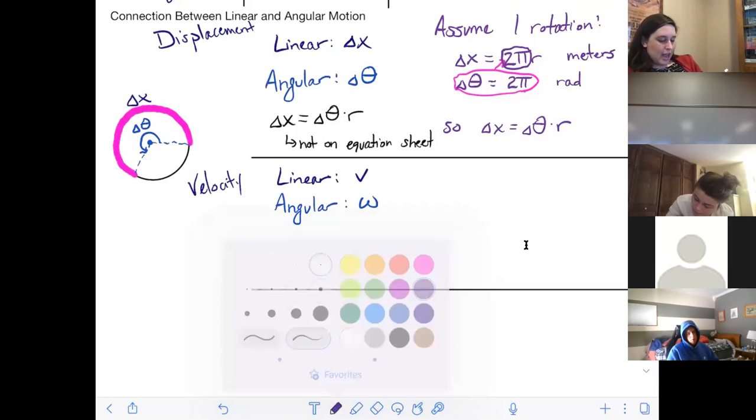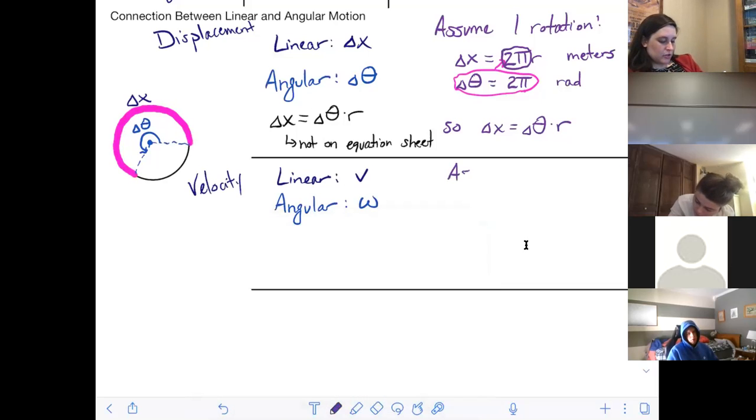So again, let's assume that we move through one rotation. If we go through one rotation, then our linear velocity is going to be our circumference, 2 pi r, divided by our period, the amount of time it takes.